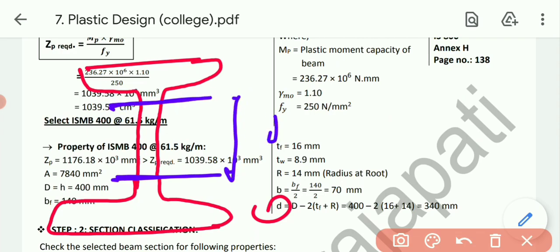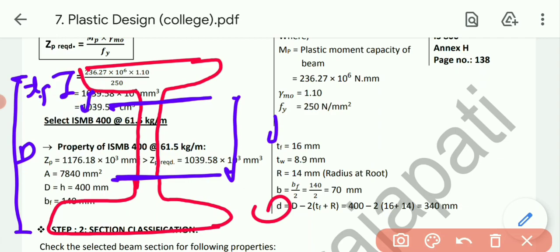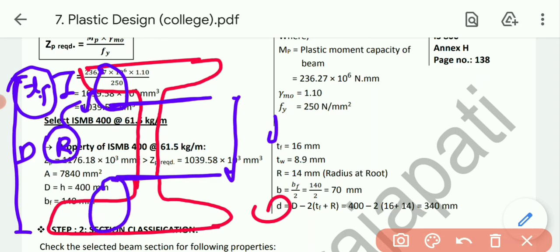From the overall depth or height, this one is the value of TF, the thickness of flange, and this one is the root radius R. We need to deduct the thickness of flange as well as the root radius on both sides. This one is on one side, similarly we deduct it from the other side also.